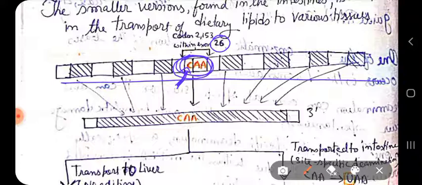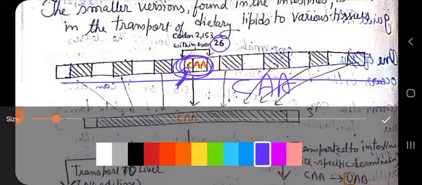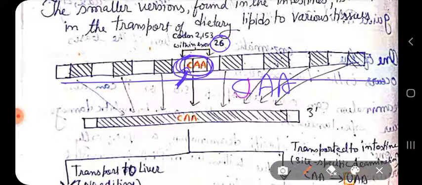Now, if this CAA codon, which is found within the exon 26, gets deaminated, what I have said, when cytosine gets deaminated, what does it form? It forms UAA. And UAA is what?